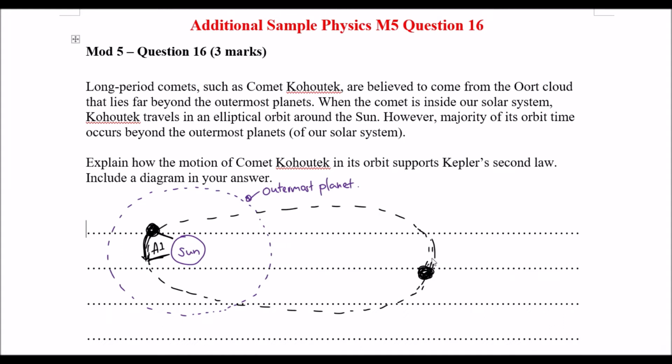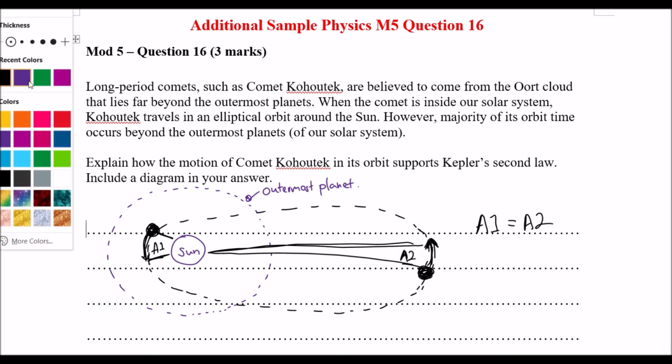So it goes from here to maybe, let's say here, arbitrarily speaking. And it covers a much smaller distance. But the area, A1, is still equal to A2.